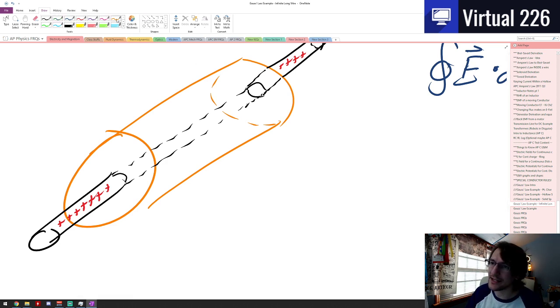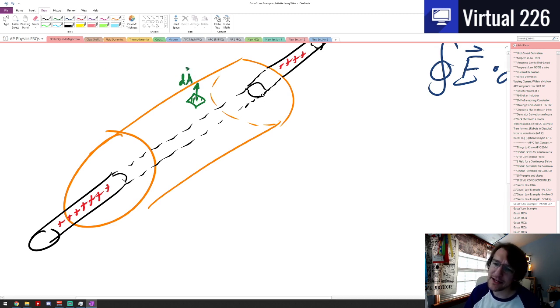If I take a tiny little segment of the area of this cylinder, I know that its area vector, defining the surface of this cylindrical object, is pointing up like this. That's dA.